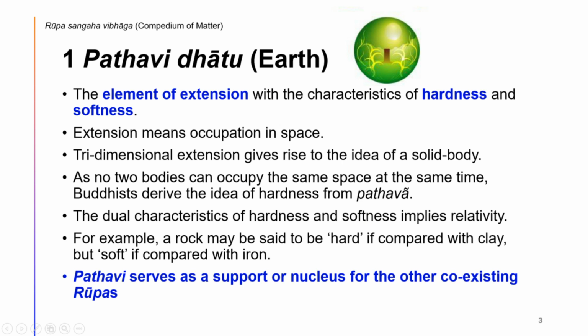When the earth starts producing, you need to keep on growing, so with this growing you have extension, and extension needs space. This tri-dimensional extension gives rise to the idea of a solid body, so that things become solid and hard. Two bodies cannot occupy the same space at the same time. So Buddhists derive the idea of hardness from Pathavi.